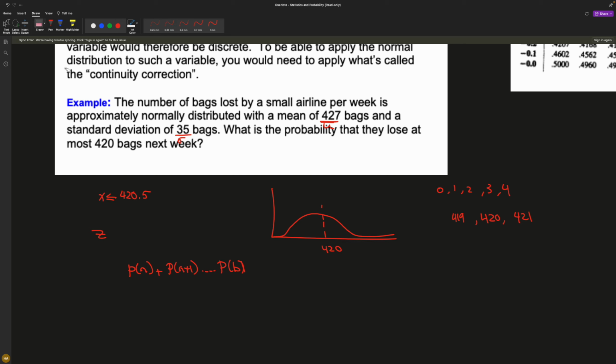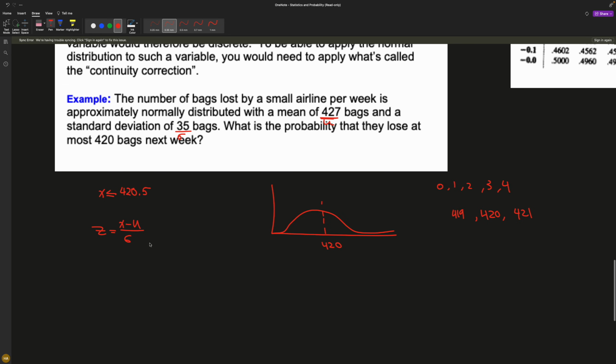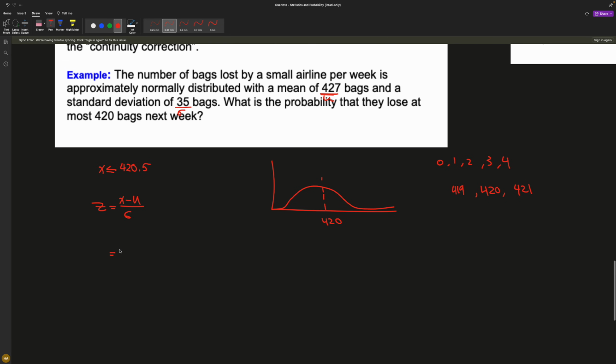We have the mean, the sigma, and our x value. So z equals x minus mu over sigma. Now you just plug your numbers in: 420 minus our mu, which is 427, all over 35.